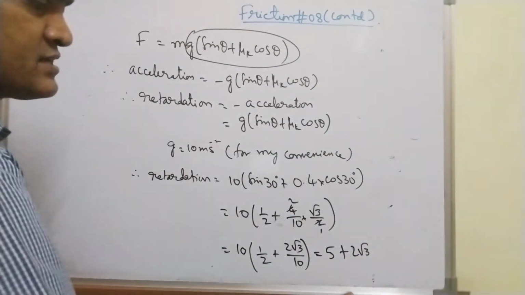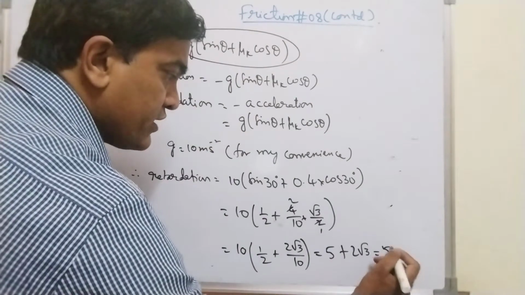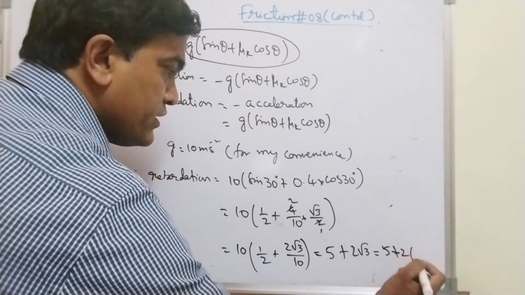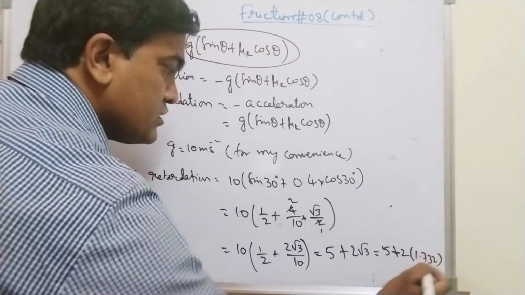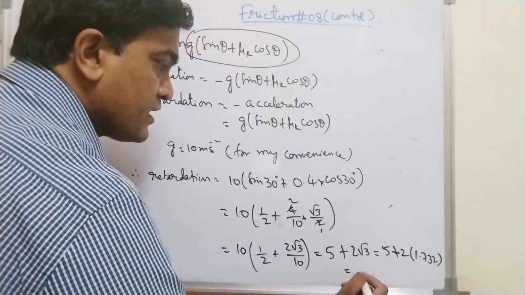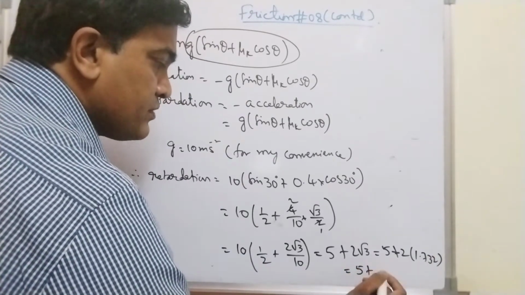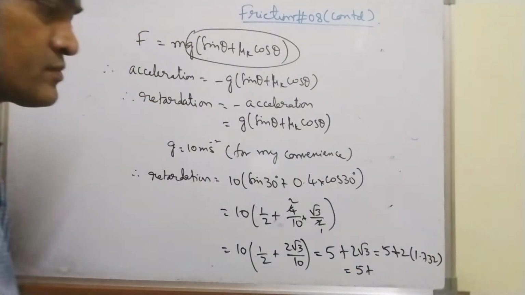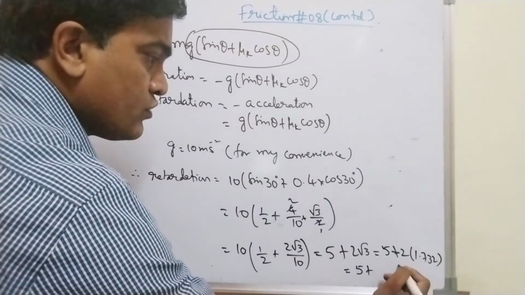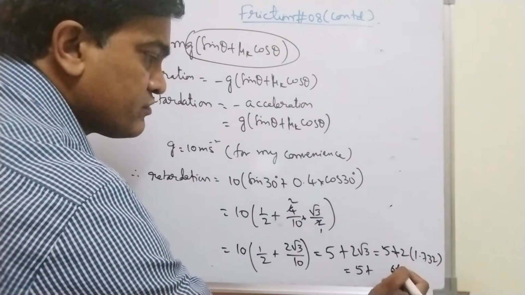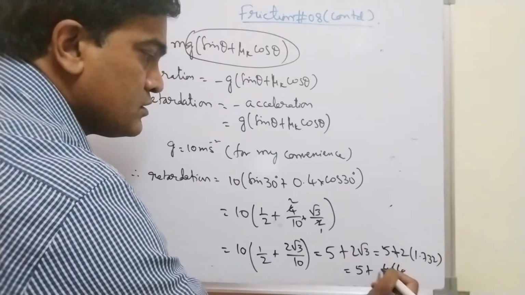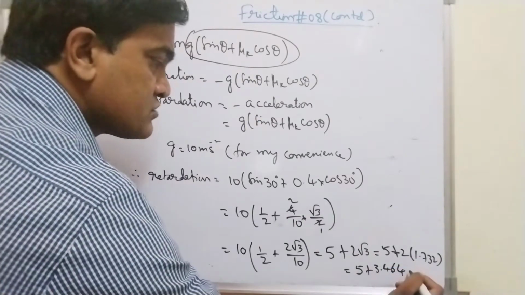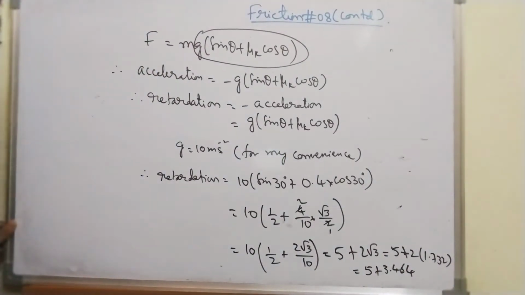Root 3 I will take as 1.732, 5 plus 2 into 1.732. If I simplify, I will get 5 plus 3.464.